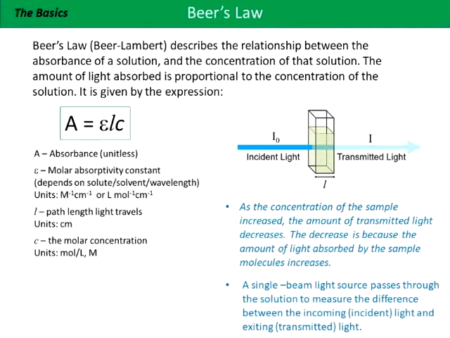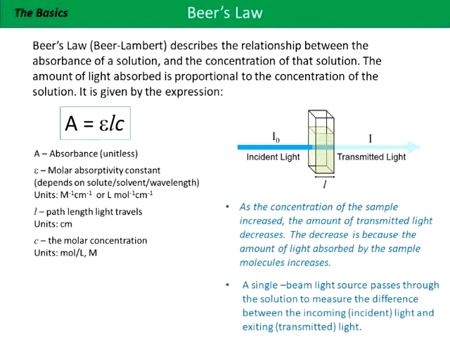Molar absorptivity is given in reciprocal molar concentration, reciprocal centimeters, or liters per mole centimeter. The path length is typically given in centimeters. The concentration is in moles per liter, or a molar concentration.